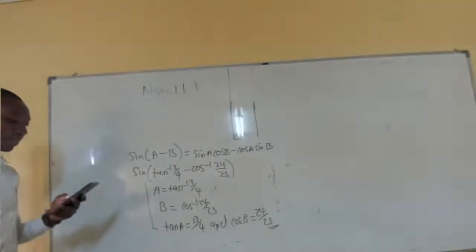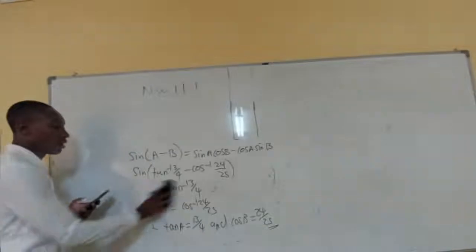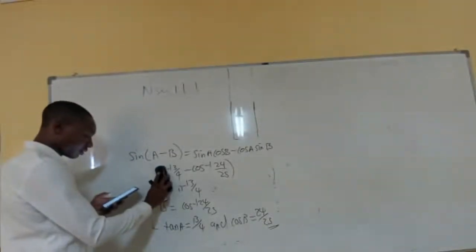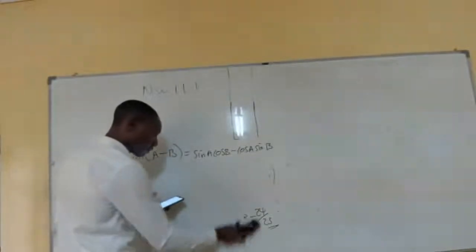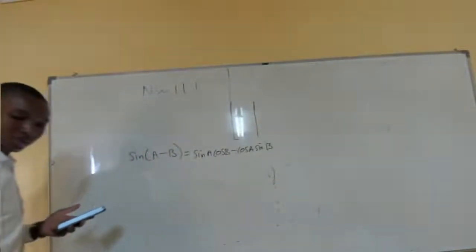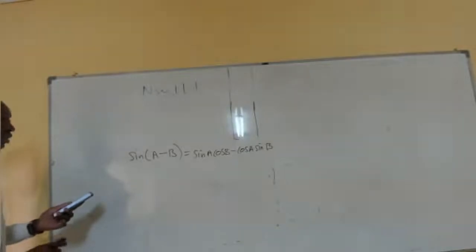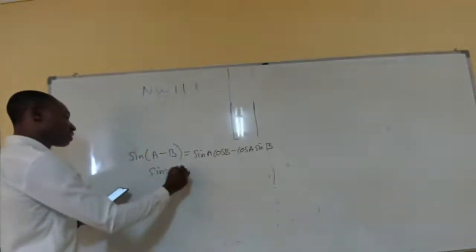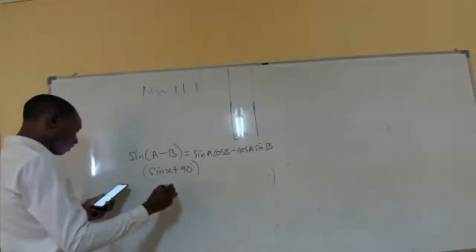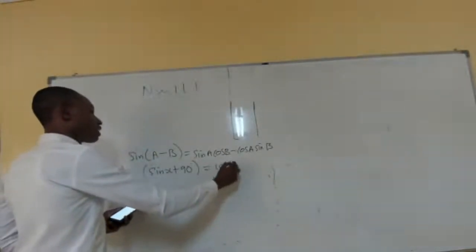Lastly, question 10. Okay, so we've been told, prove that sine of x plus 90 degrees is actually equal to cos x, right?